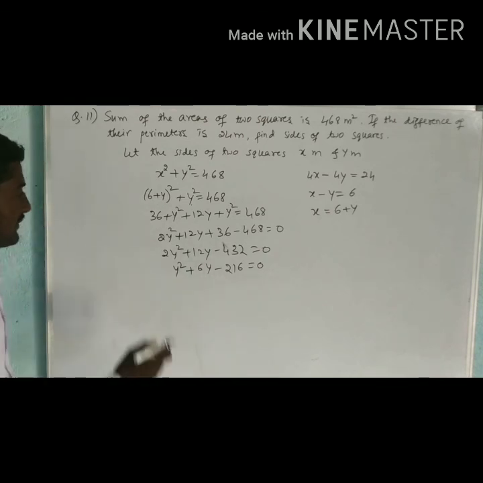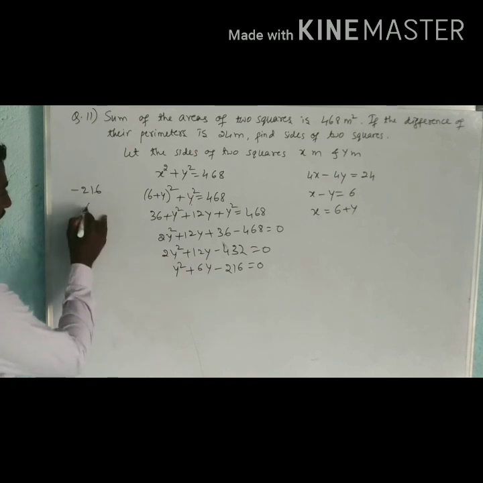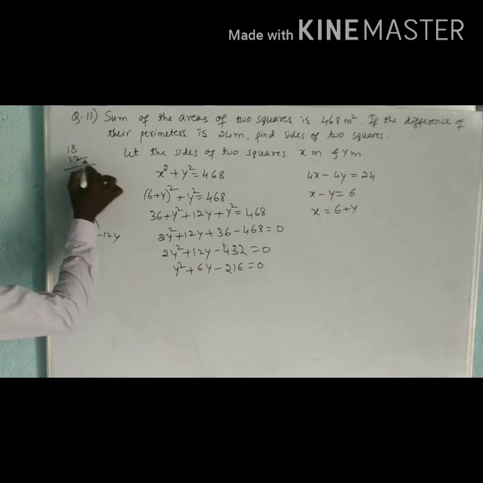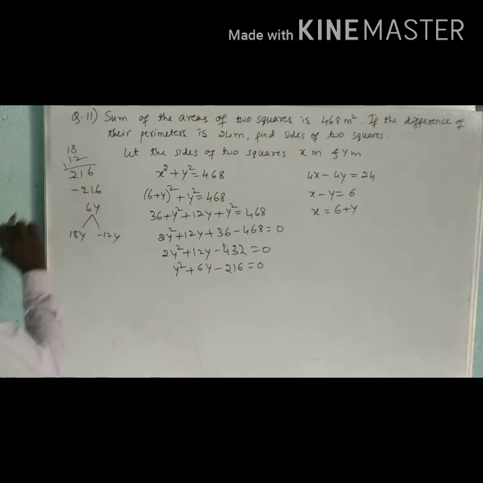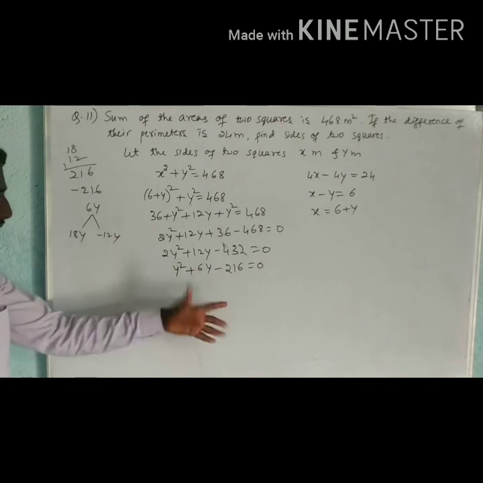If you multiply you should get minus 216, and if you add or subtract you should get 6y. Now here I will take 18y and minus 12y. Multiply these two, 18 times 12, I am getting 216. So 18y and minus 12y are the suitable values here.